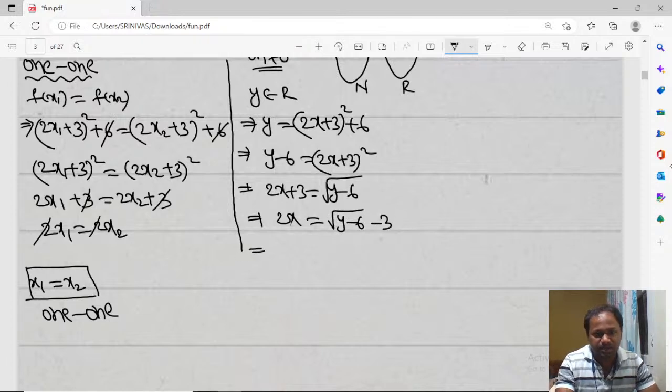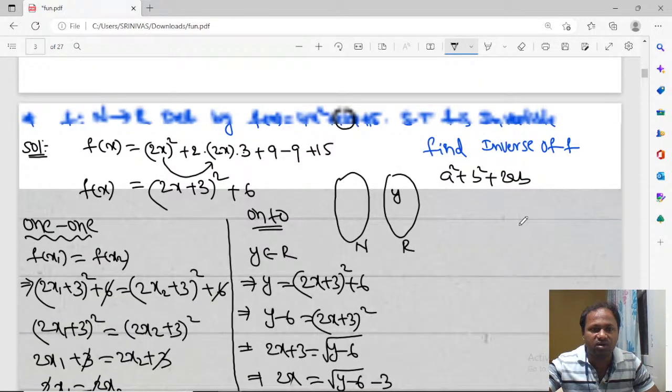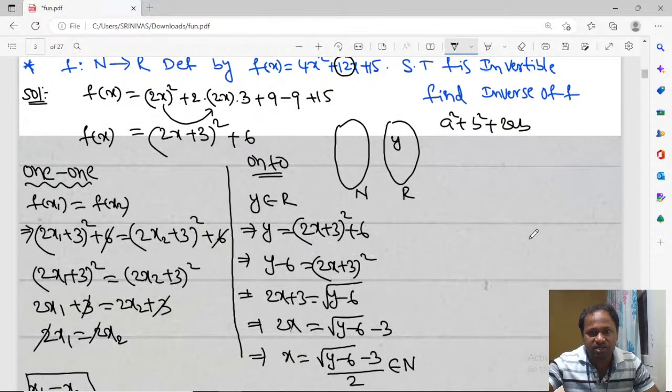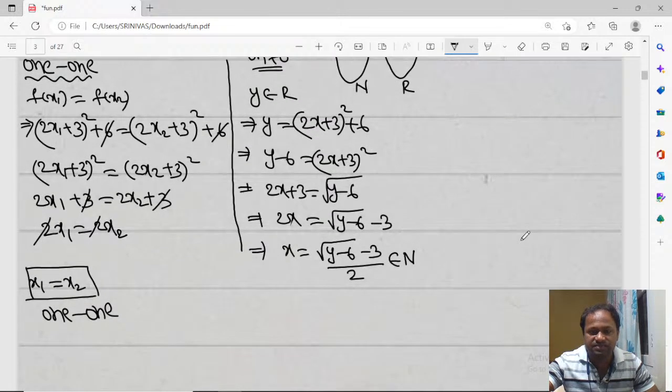That implies x is equal to square root of y minus 6 minus 3, divided by 2. That always belongs to N. Why does it belong to N? Because according to the given condition it satisfies.